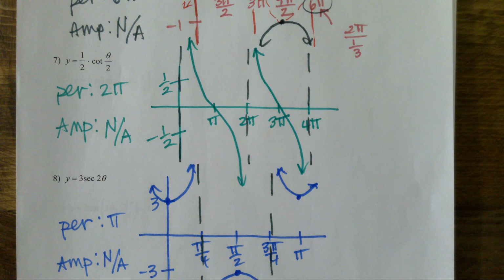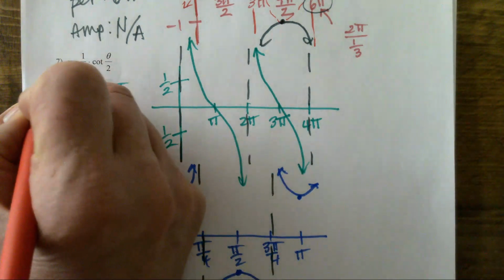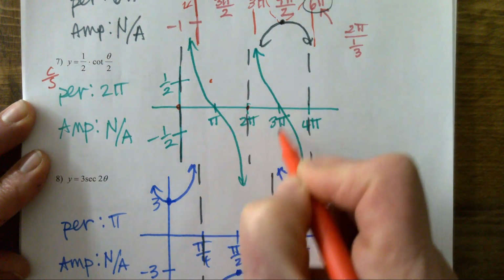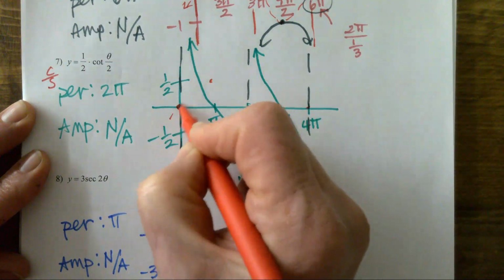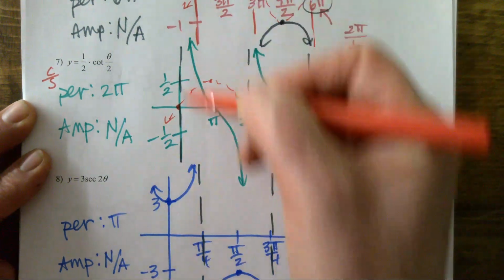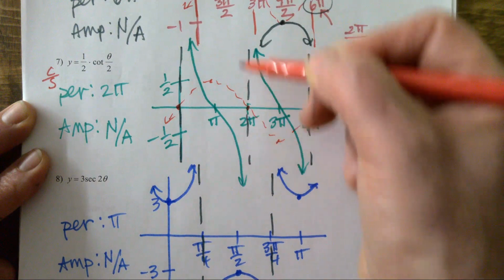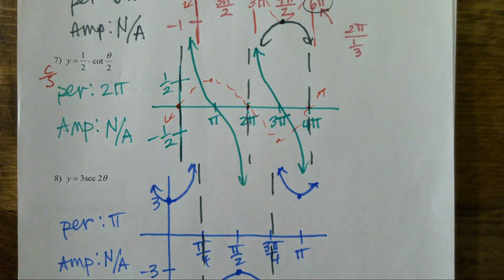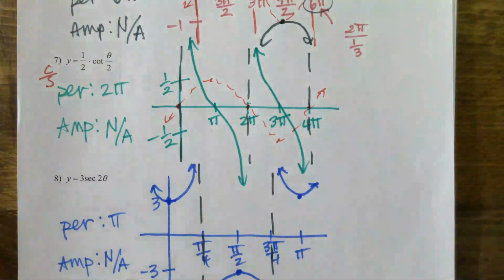In fact, I can put those dots on there. Again, this is cosine over sine. The sine graph has these values that help us determine where the asymptotes are. And that's why I put it on the 0, on the 2nd, and on the 4th. And then I sketched in the rest of my cotangent.